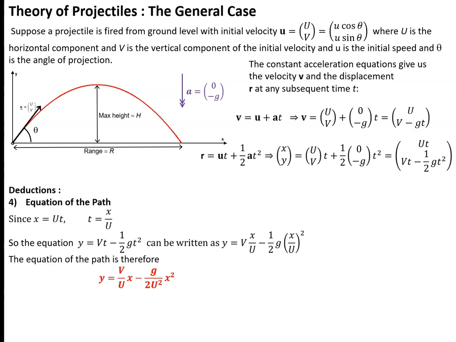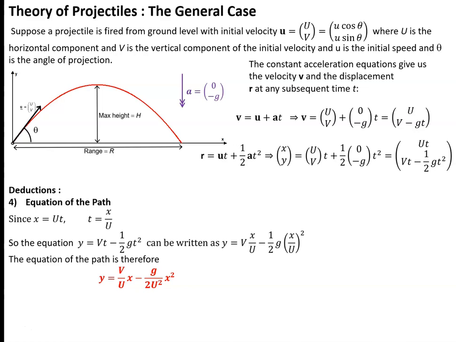So it's certainly the equation of an inverted parabola. Now, capital V divided by capital U is the same thing as little u sine theta divided by little u cos theta. So that simplifies to tan theta.